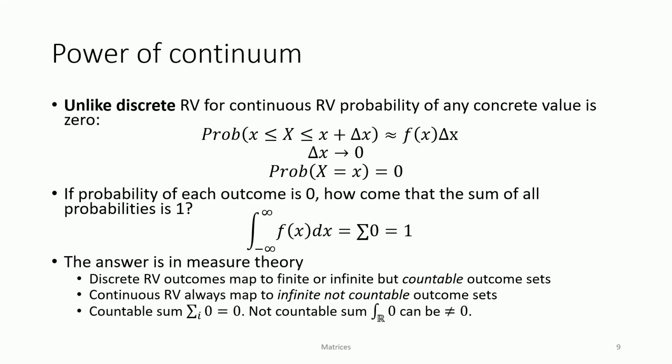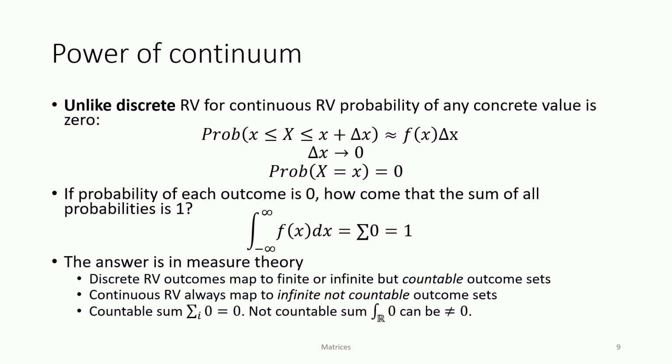But when we have the real numbers, so let's say you have continuous random variables such as the normal, then the set of all possible values which the normal distribution can produce is not only infinite, but it's also not countable. And that's when things get interesting. If you are adding zeros of a non-countable set, then the sum doesn't need to be zero.